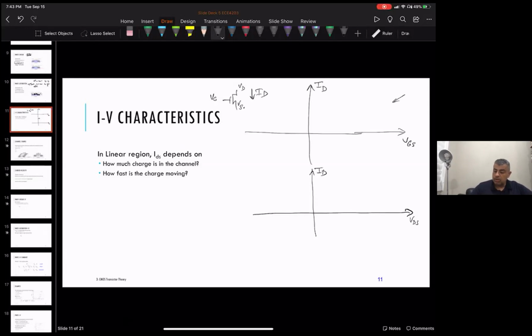Here in this graph, because gate source is variable, we're going to assume VDS is constant for the lines we draw here. Okay, for whatever we draw here, because the drain source is a variable, we assume V gate source is constant.